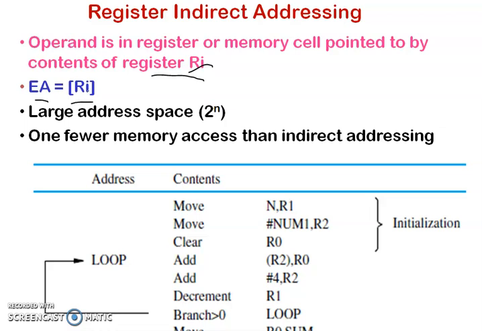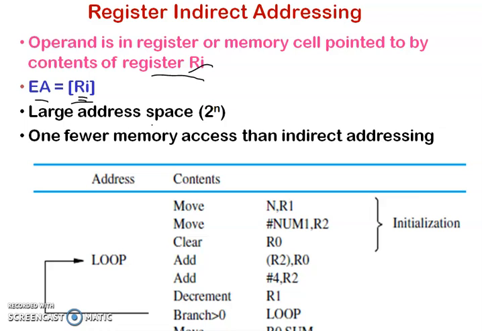The operand will be in the register or in some memory location pointed to by the register. So if the content is given like R0, what does it mean? The operand that needs to be fetched will be either in the register R0, or R0 will have some address, and in that address the actual value will be stored.